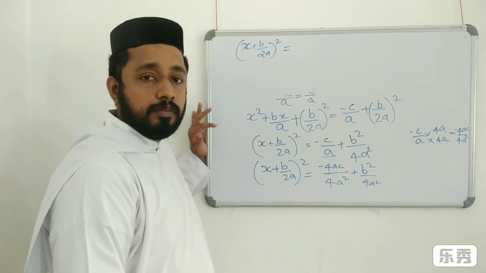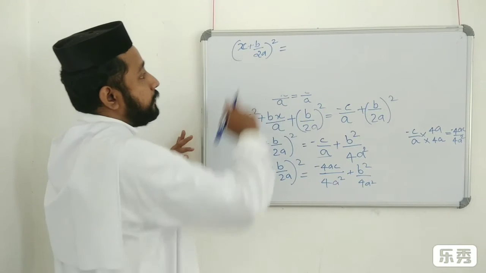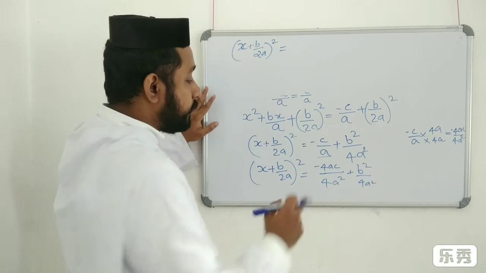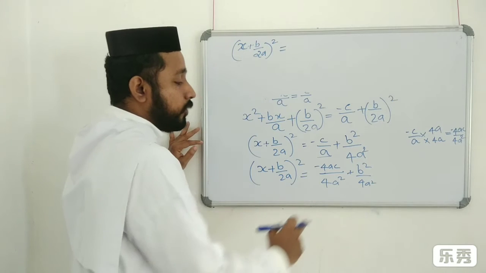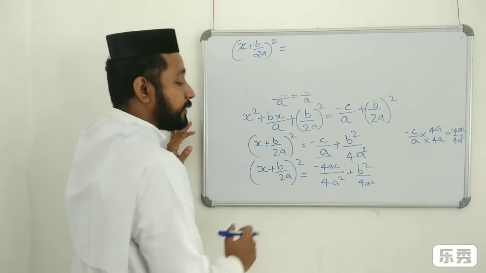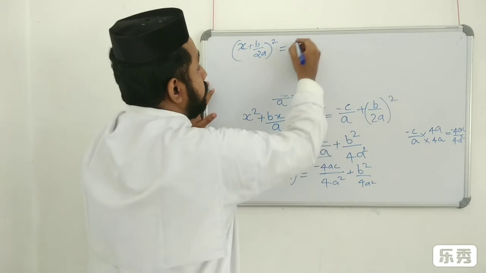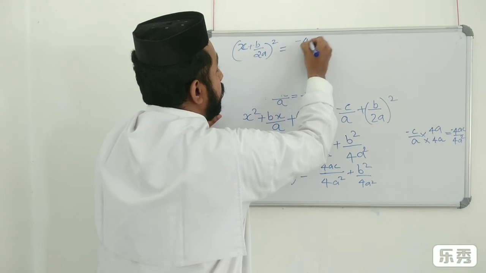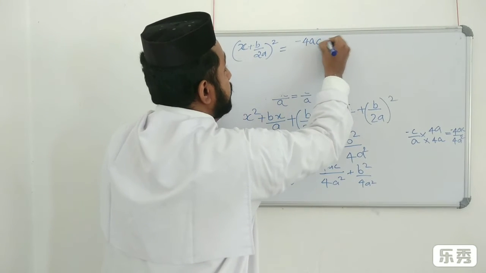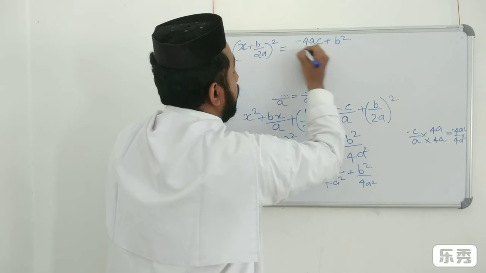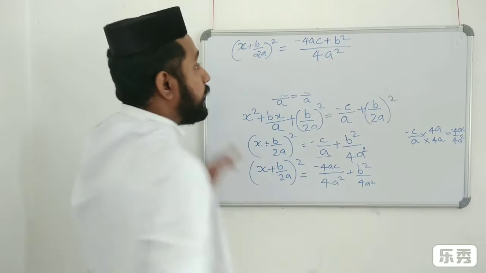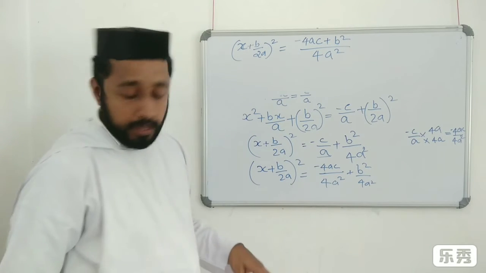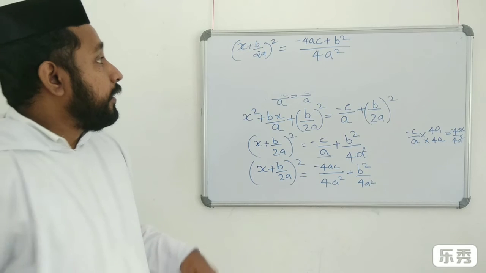I am going to add these two fractions. Then we will get (x + b/2a)² = (-4ac + b²)/4a².